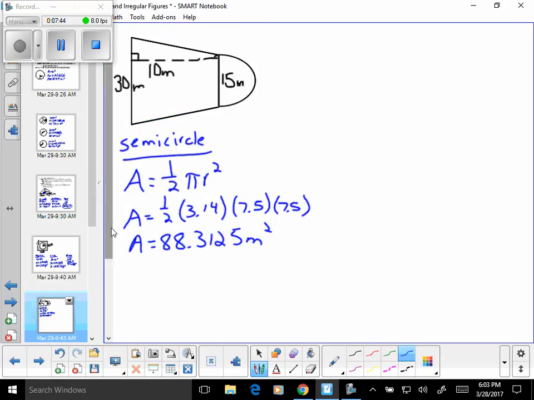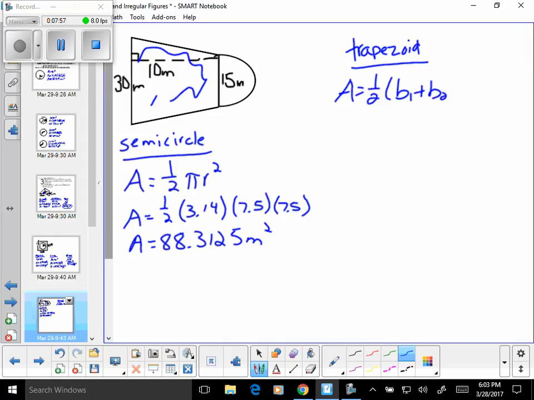Maybe I better work over here instead. Might be easier for you to see it if I can keep the diagram. This part here is a trapezoid. So I'm back to 1/2 the sum of the bases times the height. Remember we said that sometimes your trapezoid is lying sideways?